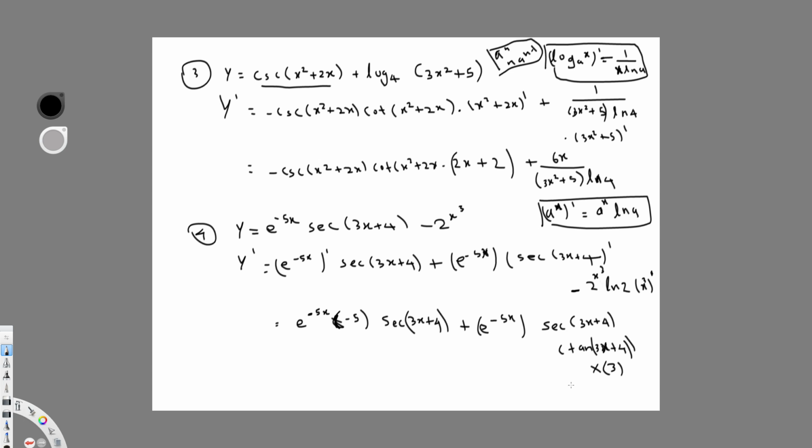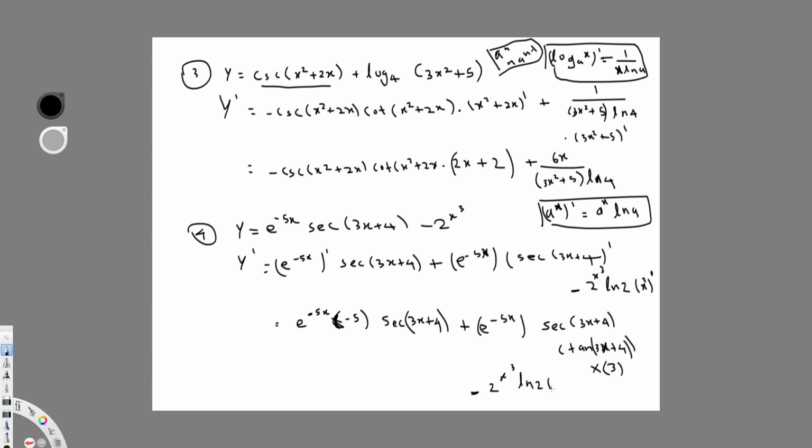Then I have to find the derivative of 2 to the power of x cubed. So it's going to be 2 to the power of x cubed times ln 2, which remains the same because it's not a derivative, and the derivative of x cubed is going to be 3x squared, right?